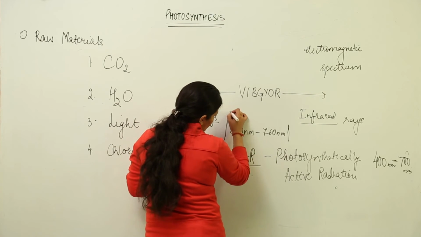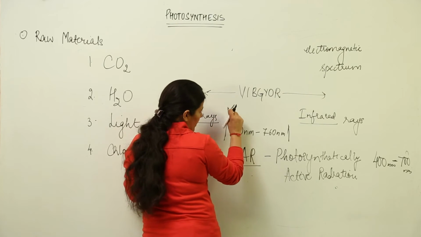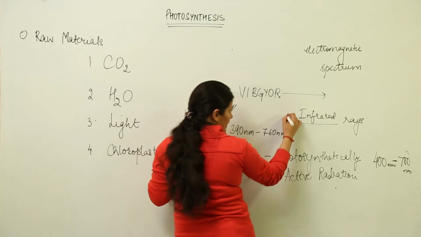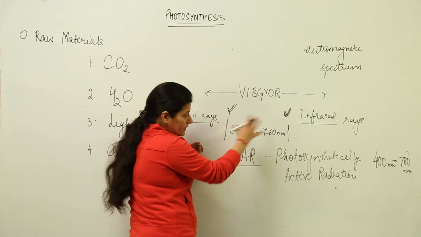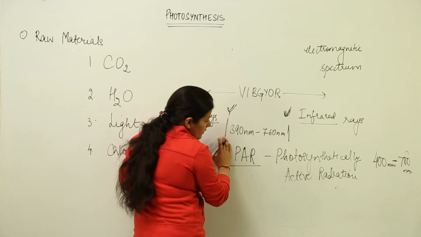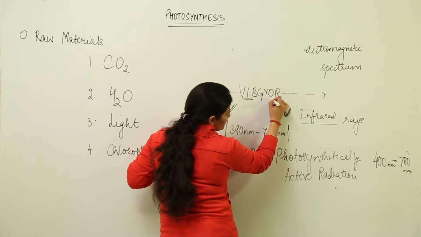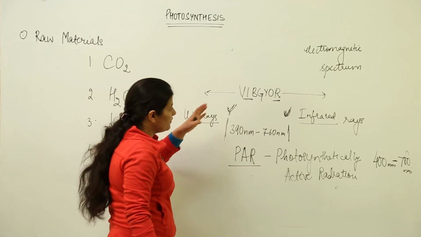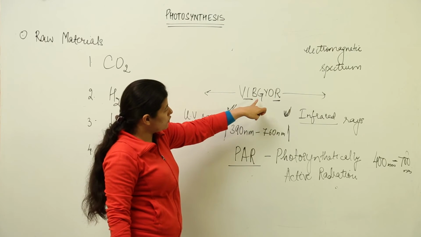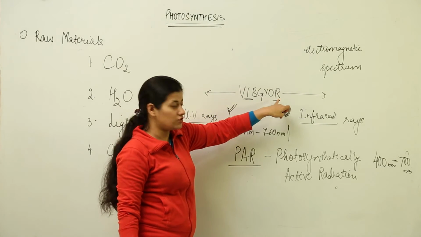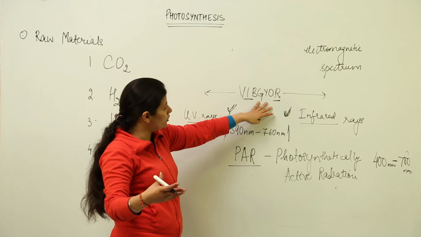So the light at this end will have the highest energy, and this part over here will have relatively lower energy, but the wavelength would be greater, of course. So we have violet, indigo, blue, green, yellow, orange and red. This is the expansion of the term VIBGYOR.